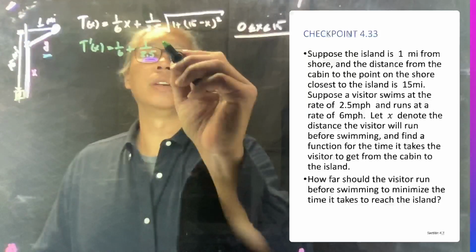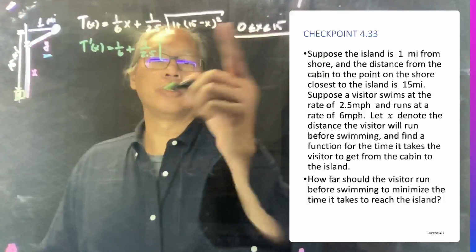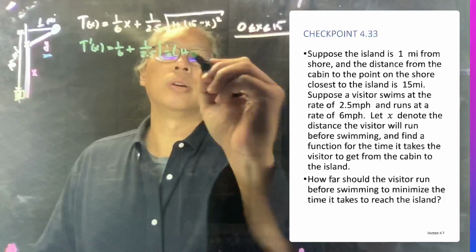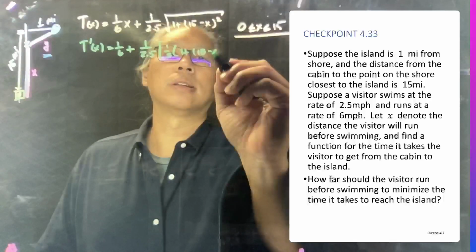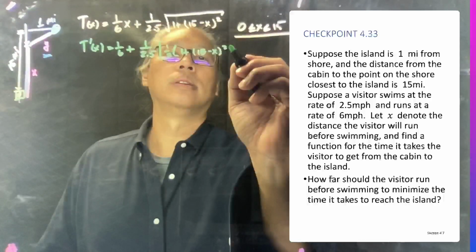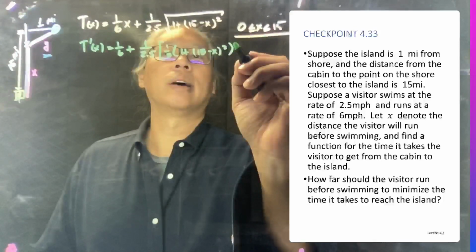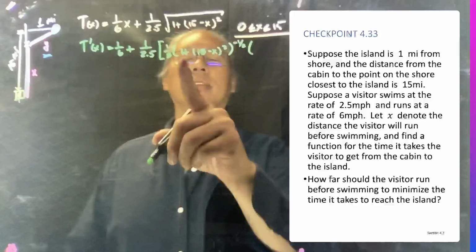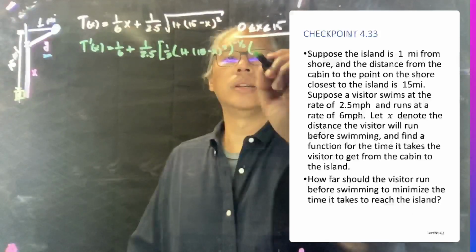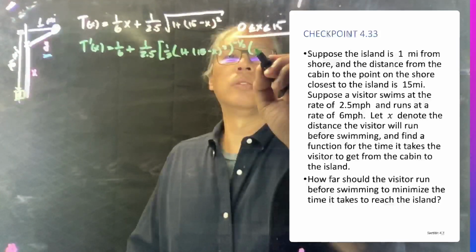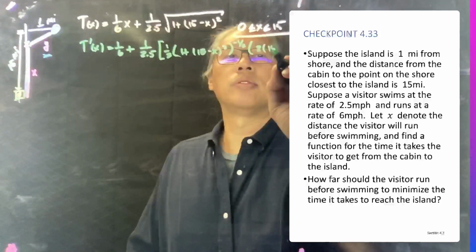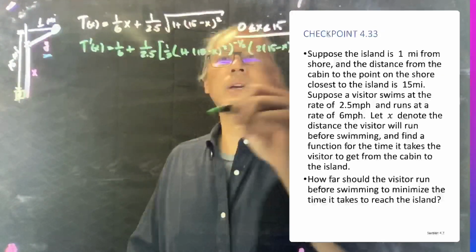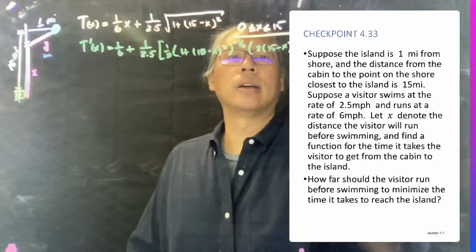And the derivative of this is going to be something to the 1/2 power, so I would say 1/2 times 1 plus 15 minus x quantity squared to the negative 1/2 power, and times the derivative of the inside. The derivative of 1 is 0. The derivative of this is going to be 2 times 15 minus x. And then we want to take the derivative of the inside again, so that's just negative 1.